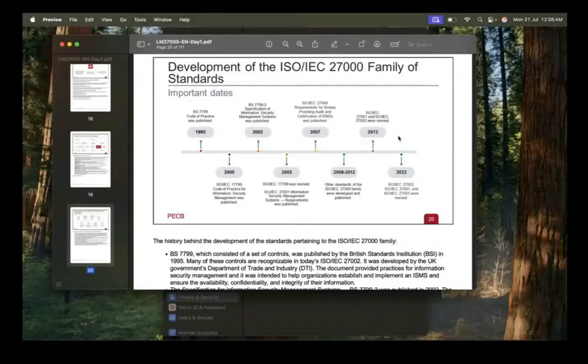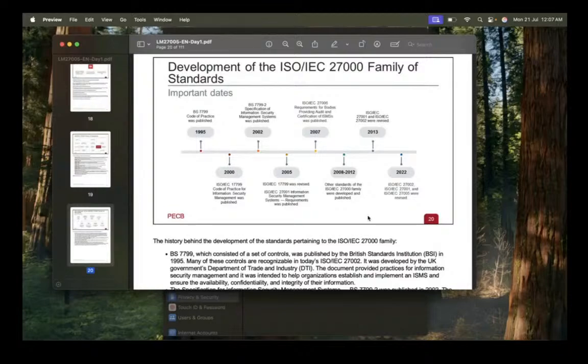After that, in 2013, the standards ISO IEC 27001 and ISO IEC 27002 were revised. So, if you remember, in 2005, the 27001 standard was published, and then in 2013, this standard was revised.